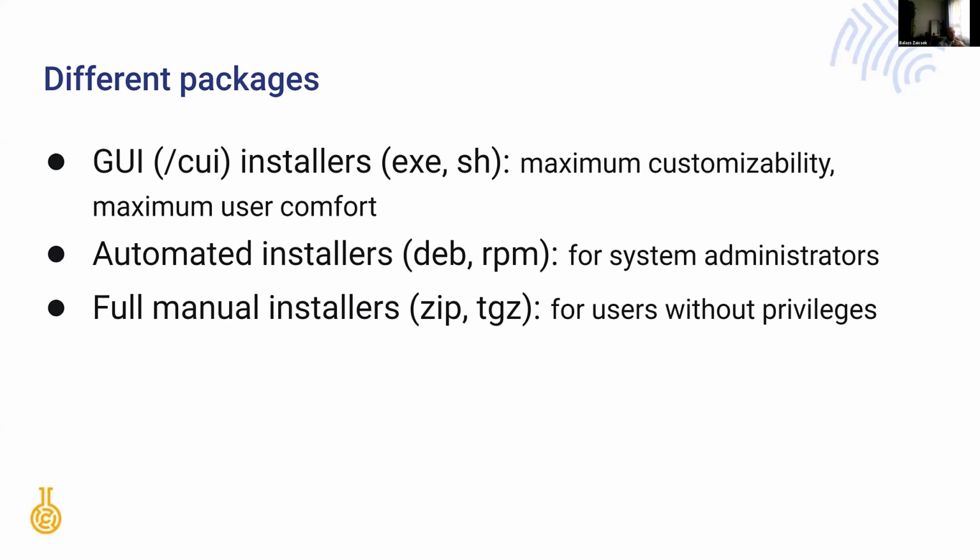We have a fully automated installer for system administrators, and we also provide these in deb and RPM repositories if you want to automatically update your system with the latest artifacts of the microservices. And we have full manual installers, which are simply zipped versions of the applications, because sometimes we face users who need such packages because they don't have other rights on the servers that they maintain.